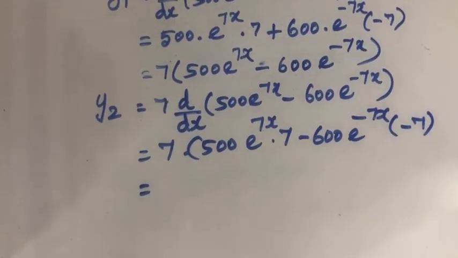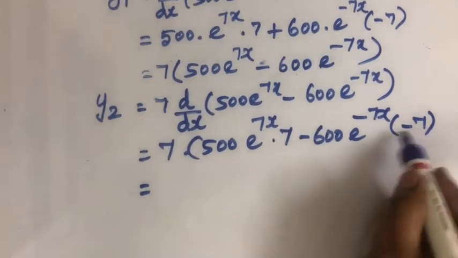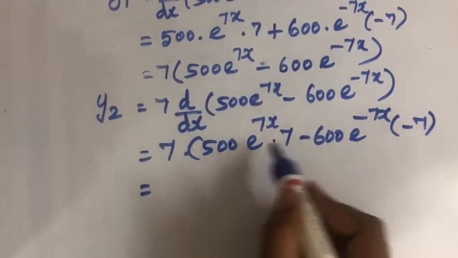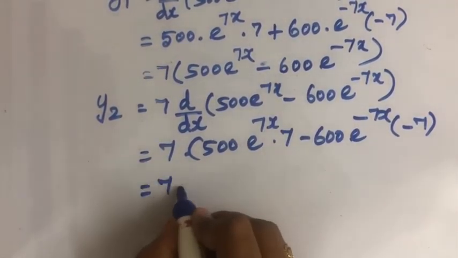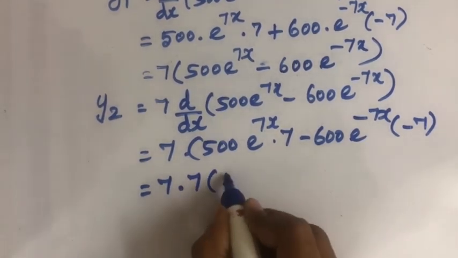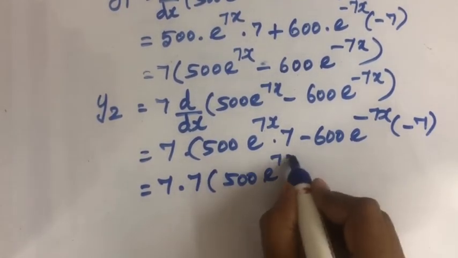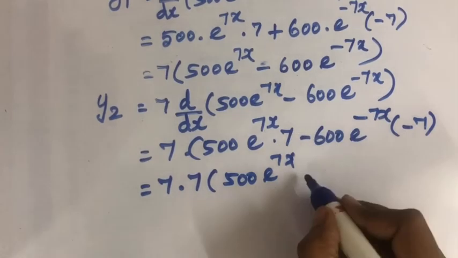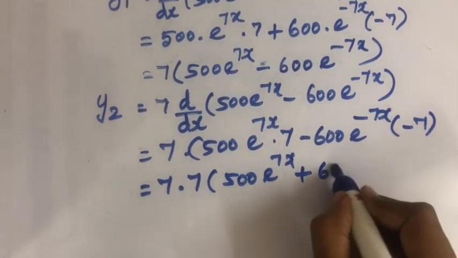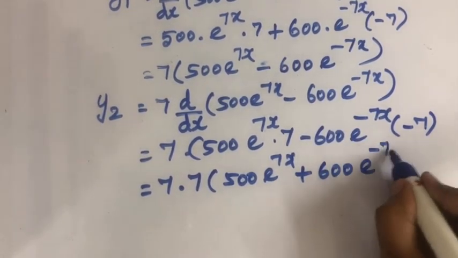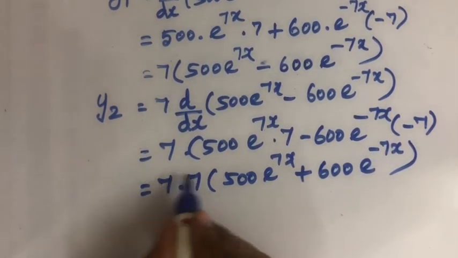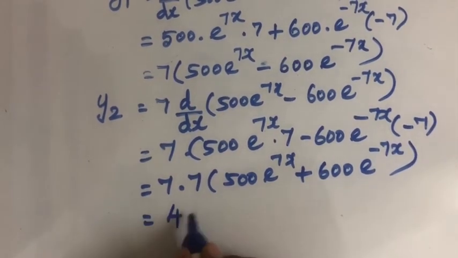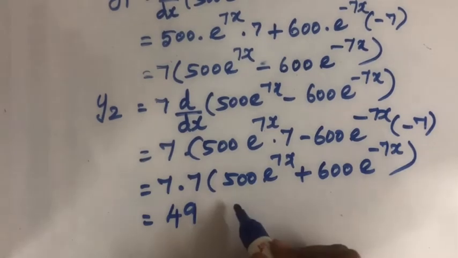So we can take 7 again as common. 7 into 7, 500 e power 7x, minus into minus is plus 600 e power minus 7x. 7 sevens are 49, so 49 into, what is this?